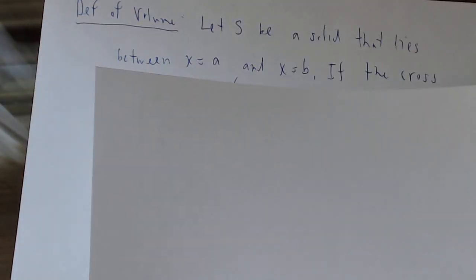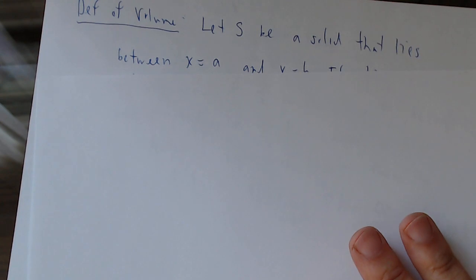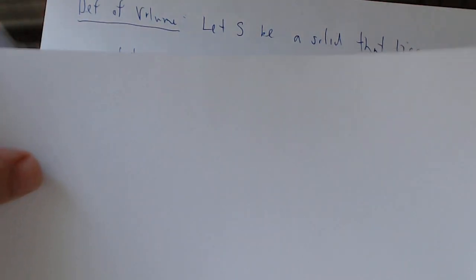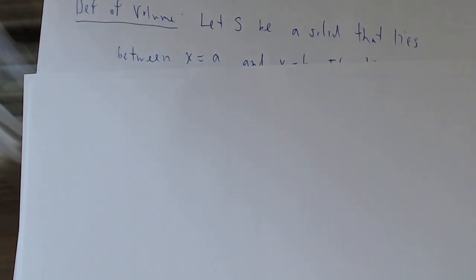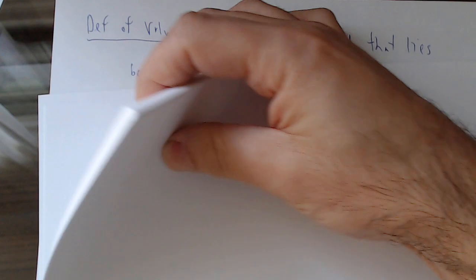So if I take the area of this paper plus the area of the next paper, plus the area of the next paper, and if I keep adding these areas up, eventually all those cross-sectional areas added together give me the volume of this. So that's kind of what's going on here.